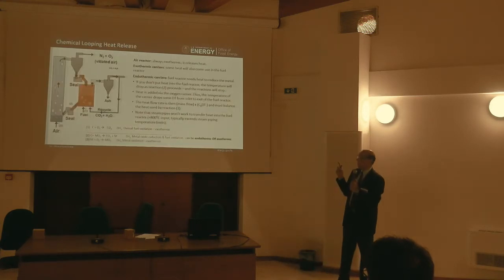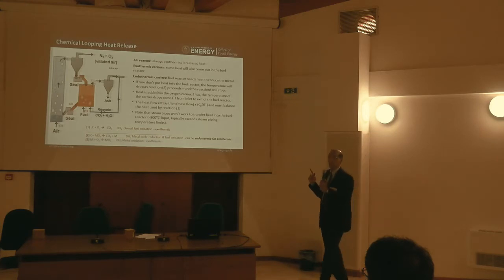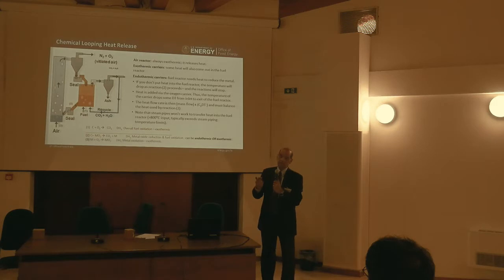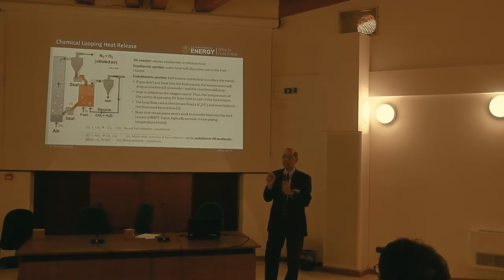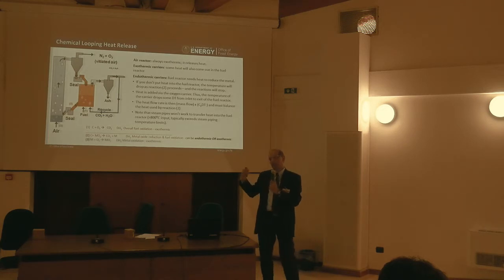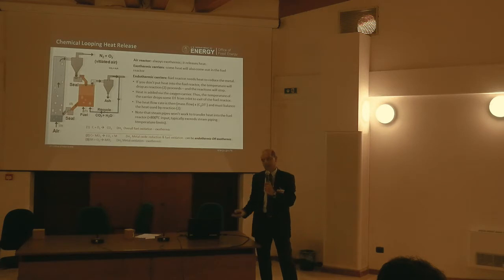So what happens with chemical looping, and this is something that the engineers would know, just from a basic science standpoint, is that whenever you have an oxidizing reaction, you will have heat, because oxidizing reactions are exothermic in nature. So the heat released has to be captured and something has to be done. Now when you burn fuel with oxygen in the fuel reactor, it's an endothermic reaction. It needs heat.